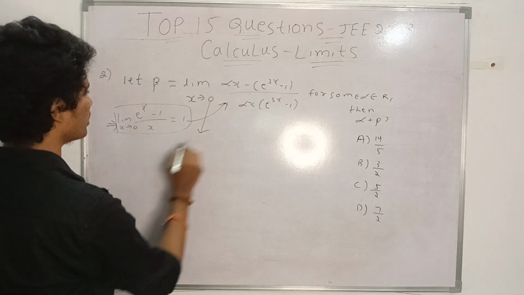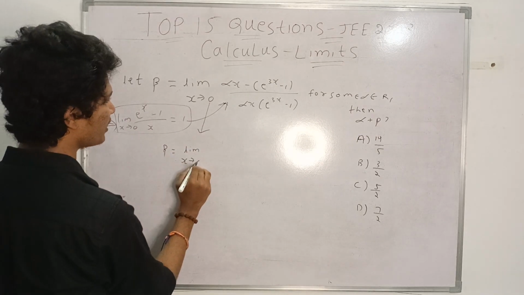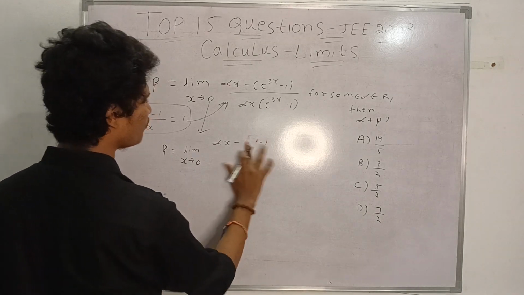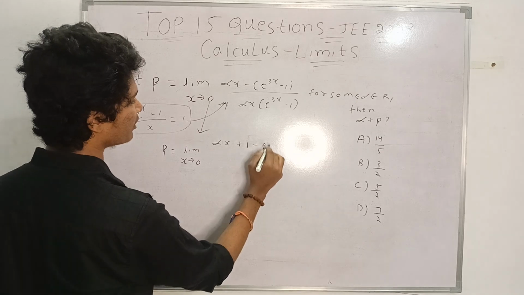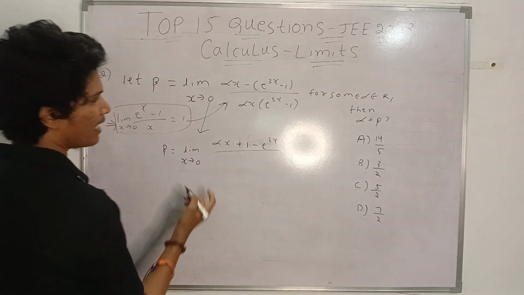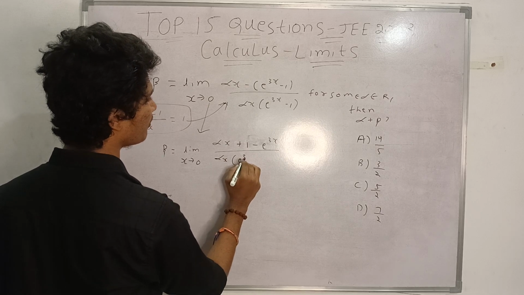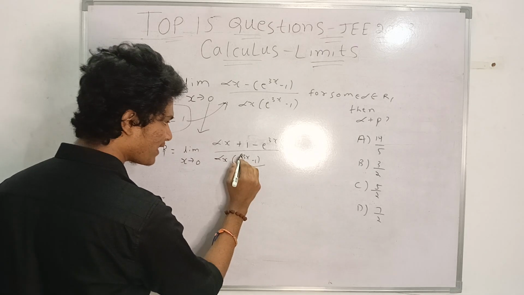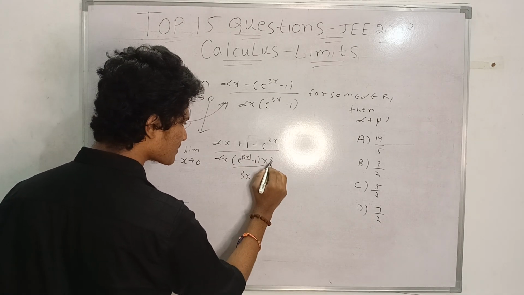So I am solving this question, that is beta equal to limit x tending to 0 of alpha x minus e power 3x minus 1. So basically we can multiply the minus. What we will get? Plus 1 minus e power 3x. And in the denominator it will become e power 3x minus 1. What is in the box? It is 3x. So we need 3x and we can multiply by 3x.